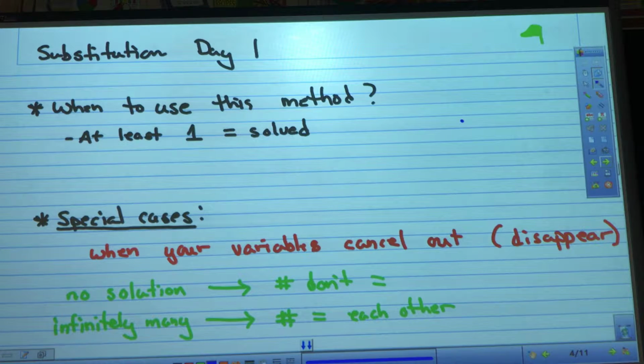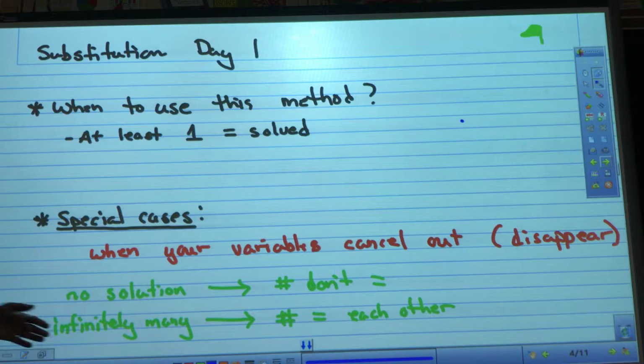Now, we will see some special cases, and we'll go through those. Remember our special cases, those parallel lines, okay? Same slope, different y-intercept, okay? What you're going to see algebraically is the variables are just going to kind of cancel out and disappear, and you've got to look at what's left. So if you have the same number on both sides, for instance, 3 equals 3, that's the same answer.